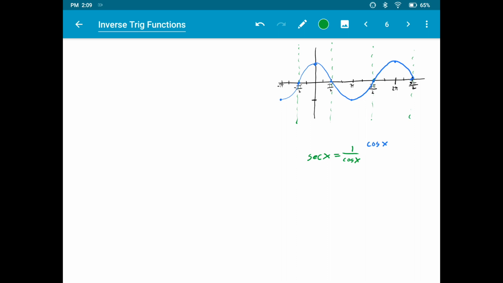And when the cosine of x is 1 or negative 1, the value of the secant of x is going to be 1 or negative 1. And as the cosine of x gets closer to 0, you're dividing by a smaller and smaller number, which is making the secant larger and larger. So the secant of x function looks like this.